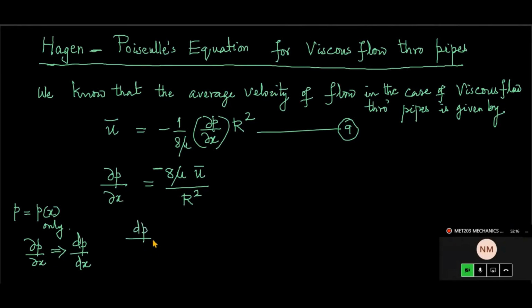So it will become dp by dx, the variation of pressure with respect to distance along the pipe, equal to minus 8 mu u bar divided by R square. U bar is the average velocity, mu is the dynamic viscosity, and R is the radius of the pipe. This is the expression. Now the situation is very simple.